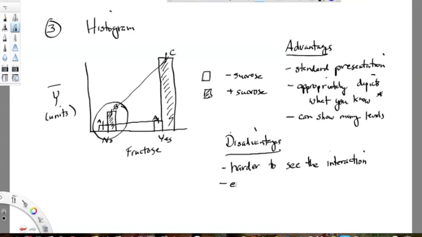It also emphasizes one factor over the other. And kind of oddly, it does it differently for different people. So some people look at the white bars and compare them, and then look at the shaded bars and compare them.